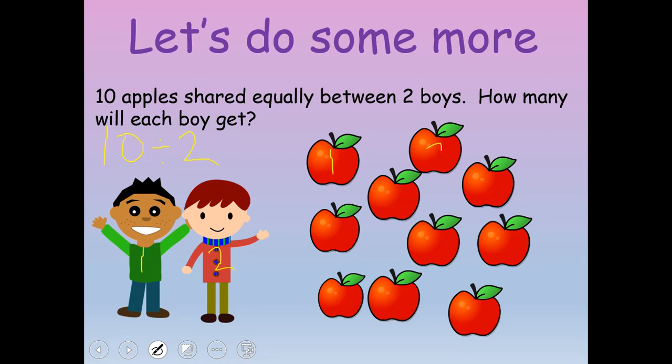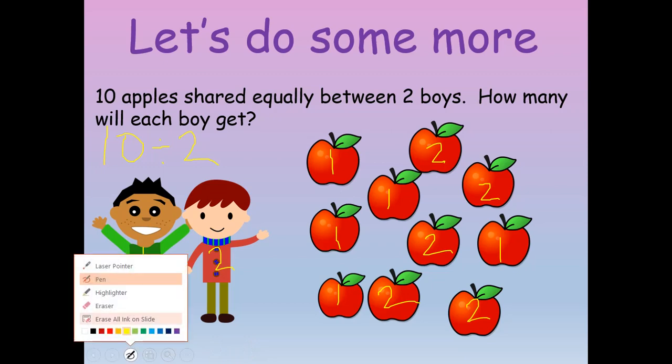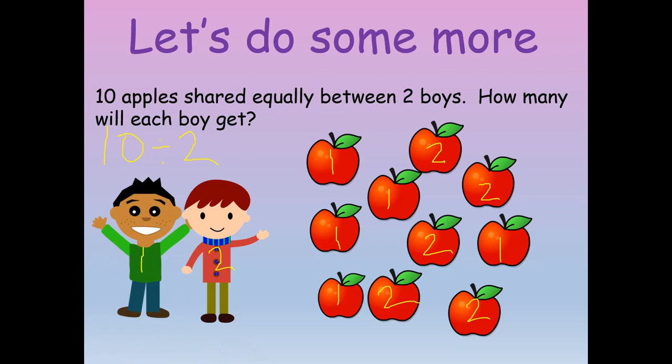So if we do 1, 2, 1, 2, 1, 2, 1, 2, 1, 2, and then we can count up how many 1s we have and how many 2s we have, and we can see how many apples each kid gets. So for the 1s, we have 1, 2, 3, 4, 5. So he gets 5 apples. And how many does 2 get? 1, 2, 3, 4, 5. He gets 5 apples. So that means that the answer is 10 divided by 2 equals 5.